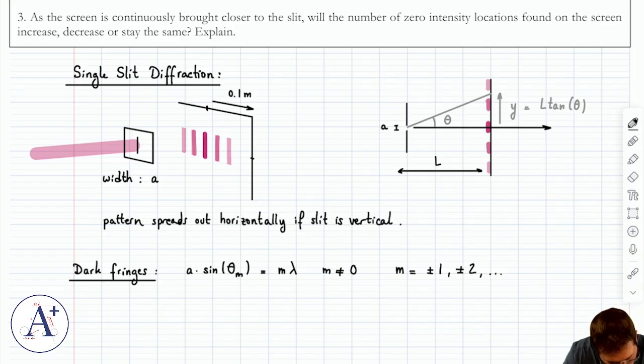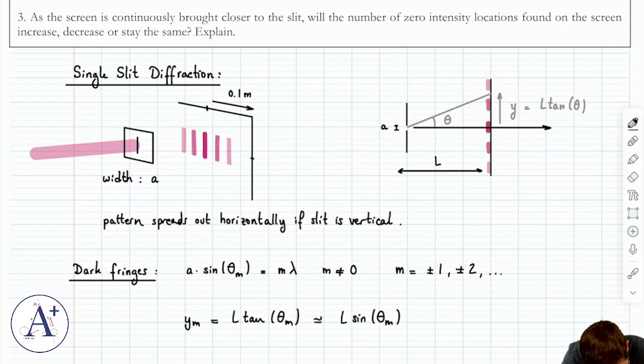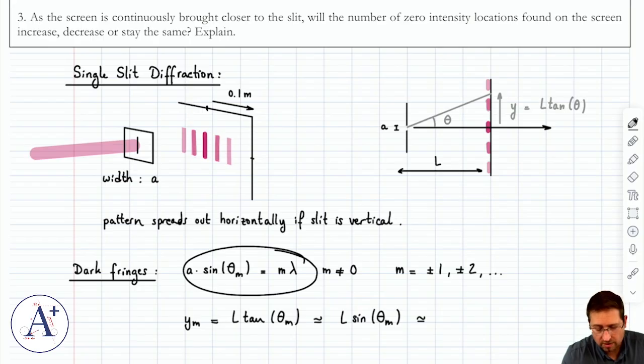Okay, so dark fringes are given by this. I could also write that y sub m is L tan theta m. This is approximately, by the small angle approximation, L sine theta m. And if you were to find sine theta m based on this formula here, you would find that it's m lambda over a.